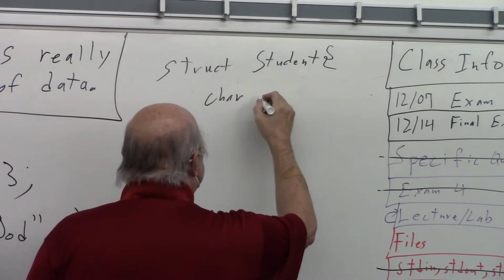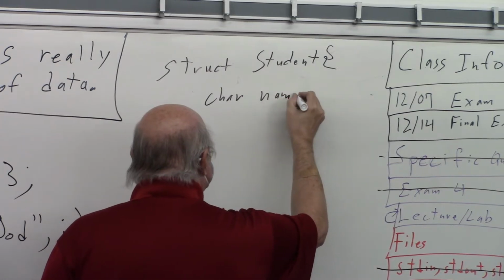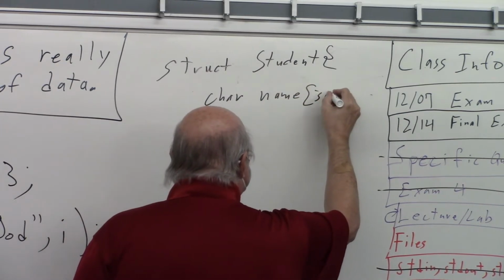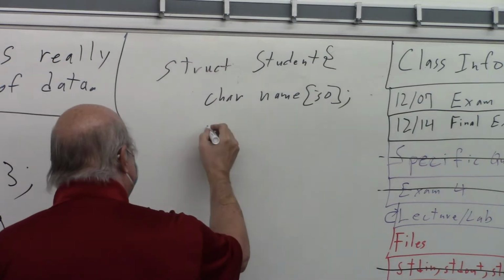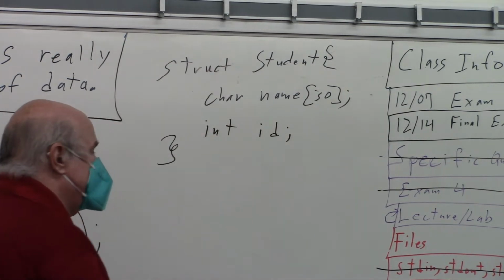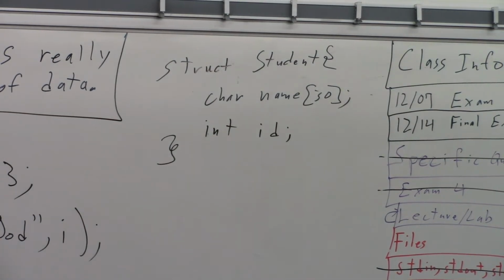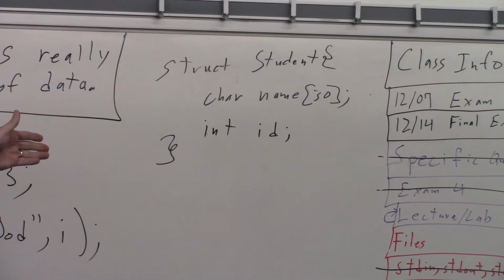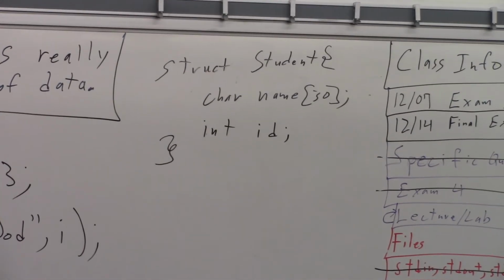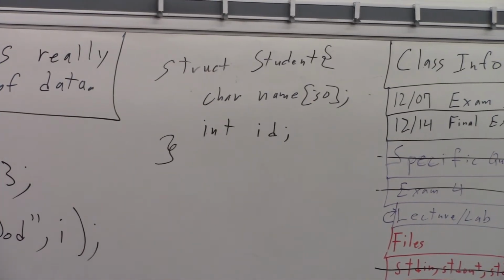And we'll just say you have one name to make things simpler. And we'll say your name is limited to 30 characters. And we're going to say you have an ID number that's an integer. It's not a float or anything like that. But I think that's actually true. That describes you, or some small piece of you, your name and your ID number.